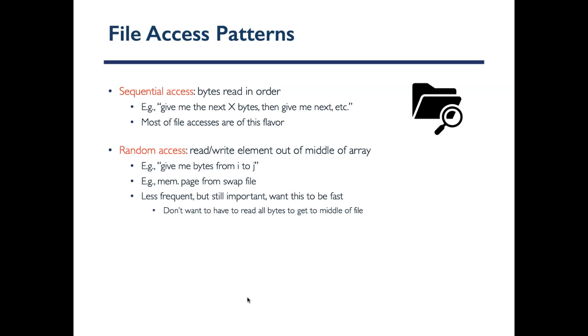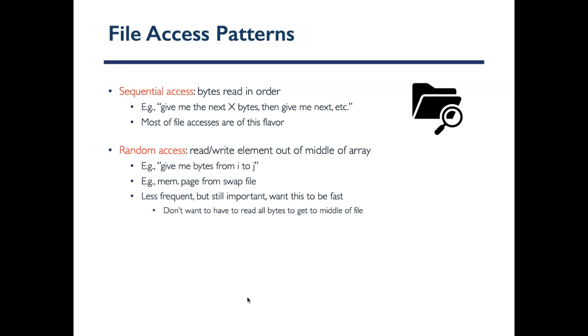So that could happen. One example of that is paging. Let's say you have a swap file, which contains all the pages for one process. So let's say you have evicted an entire process and all its physical pages to your disk, and now you want to run it again.